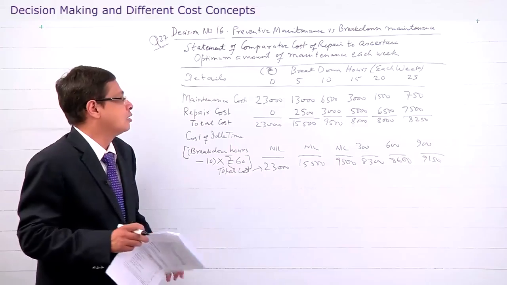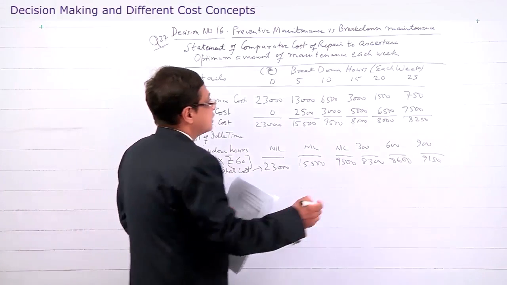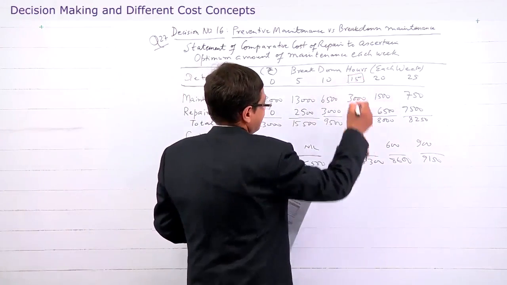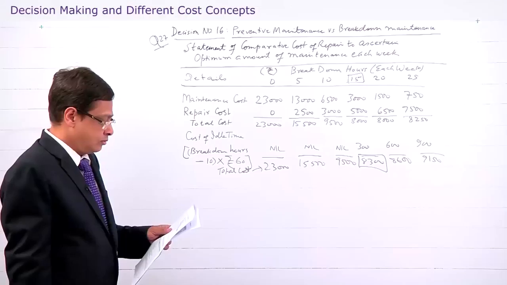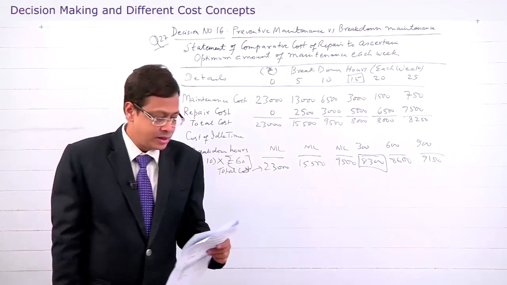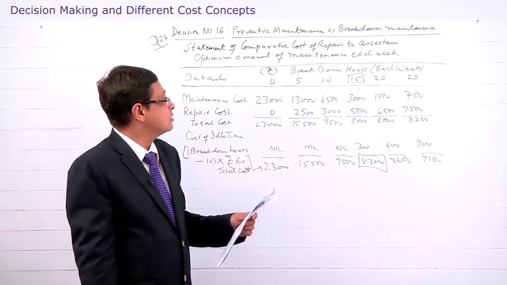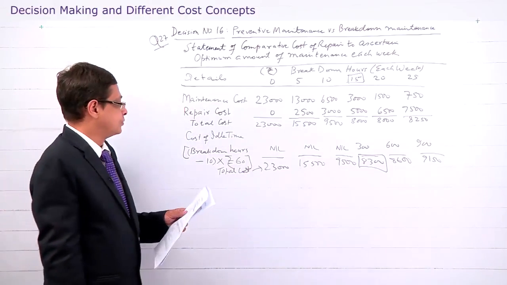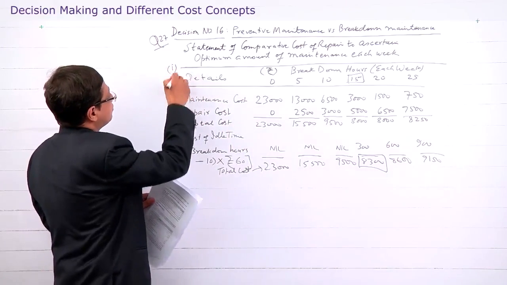So this is the total cost which comes. So if you compare, you notice at 15 hours the total cost is minimum. So what is the decision? The optimum amount of maintenance for 15 hours of breakdown per week is the desirable situation. So this is the first part of the question.